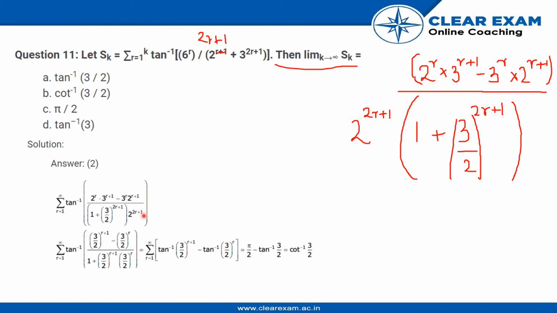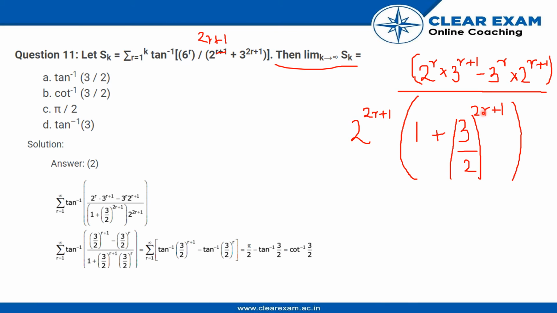Now this term I am going to multiply throughout in the numerator. That means this goes here and this goes here. When it goes over here, it becomes 3 by 2 raised to r plus 1, and when this goes in here, it becomes 3 by 2 raised to r. And now we have 3 by 2 raised to 2r plus 1 in the denominator.